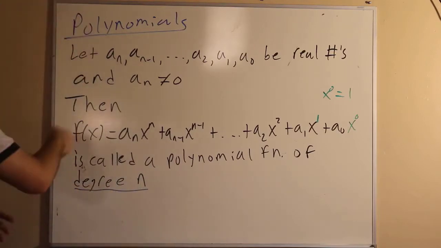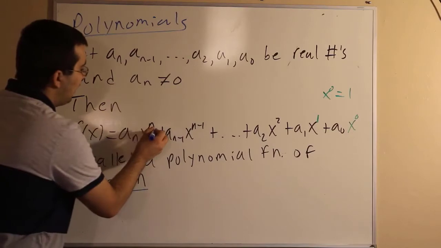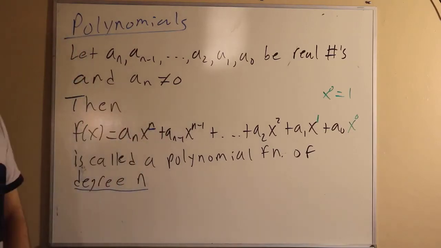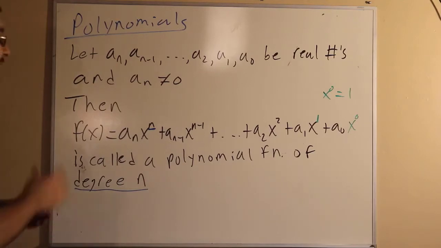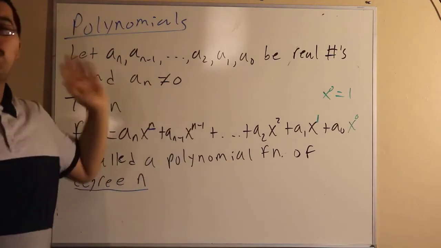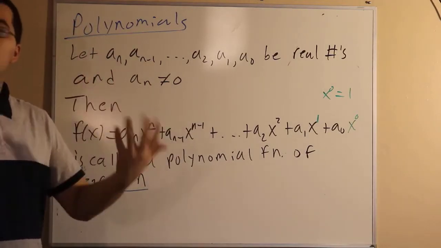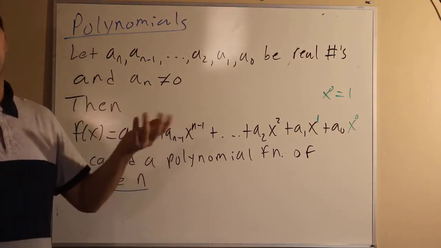So we get to call our abstract polynomial degree n because the highest power is its value n. There you go. So this is what polynomials are. All polynomials are, in a nutshell, adding or subtracting a bunch of terms together where those terms are a number multiplied by a variable with differing powers on the variables.